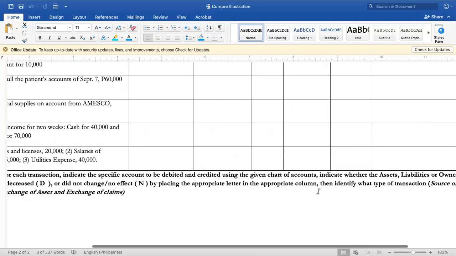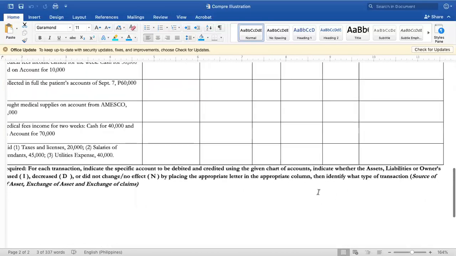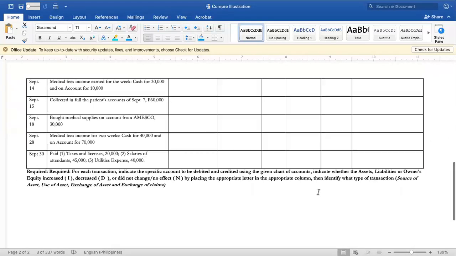Indicate whether the assets, liabilities, or owner's equity increase, decrease, or did not change by placing the appropriate letter in the appropriate column. If increase, put letter I; decrease, D; no effect or did not change, N. Then identify what type of transaction.